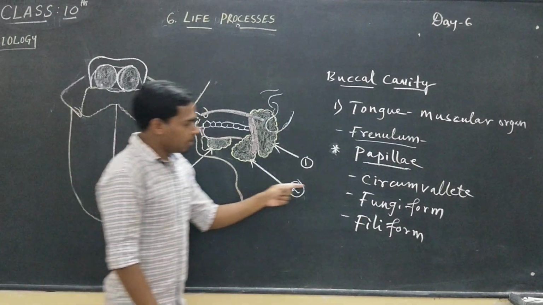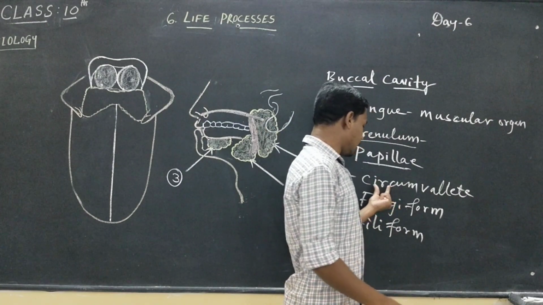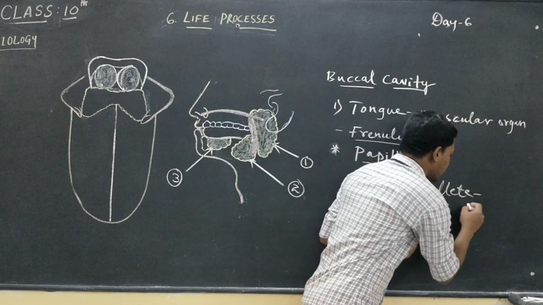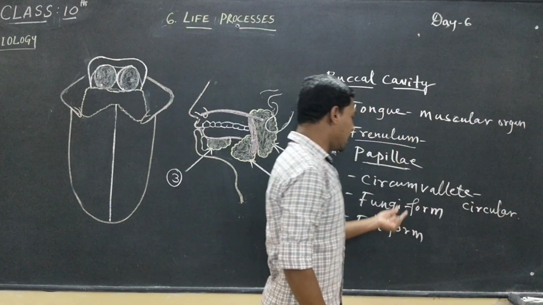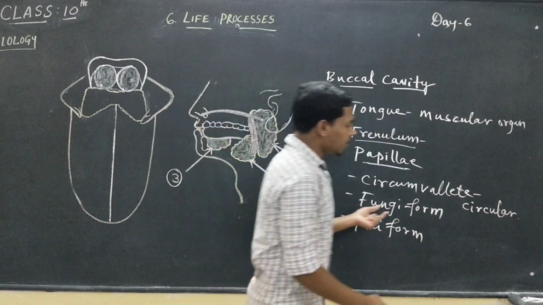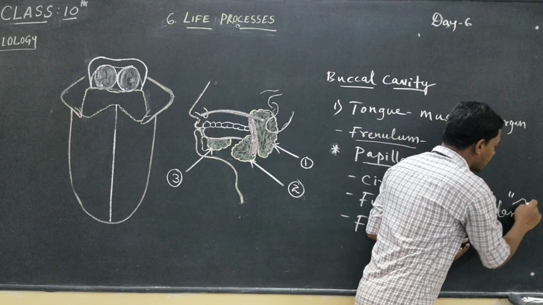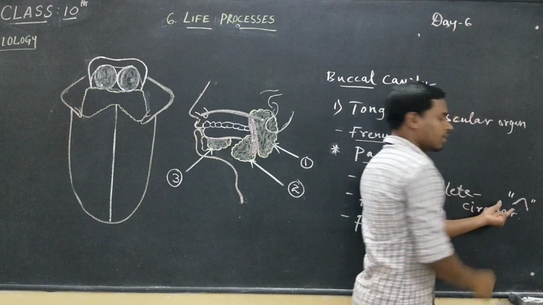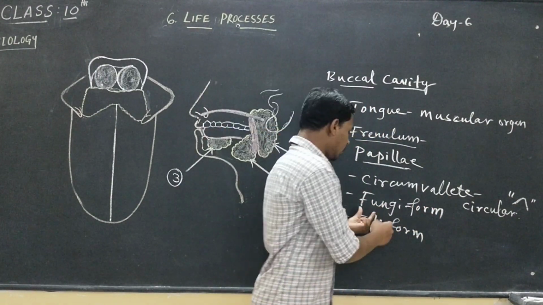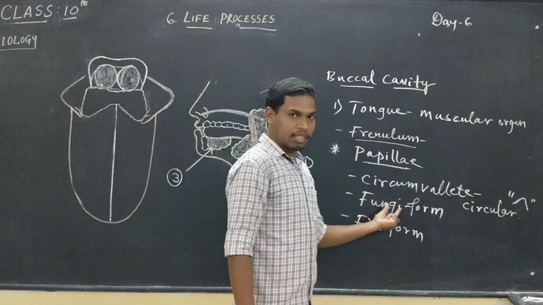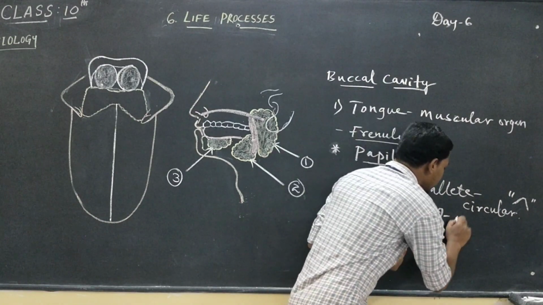Circumvallate, as the name says, circum, its shape is circular, and its arrangement is an inverted V shape. And fungiform, we know that a mushroom is a fungus, so fungiform would be like a mushroom.